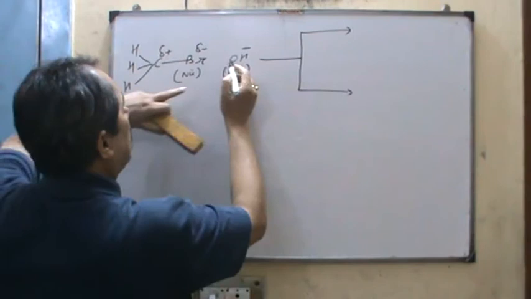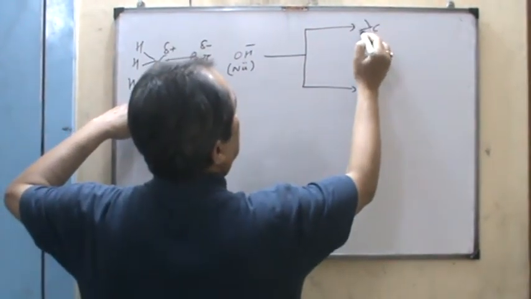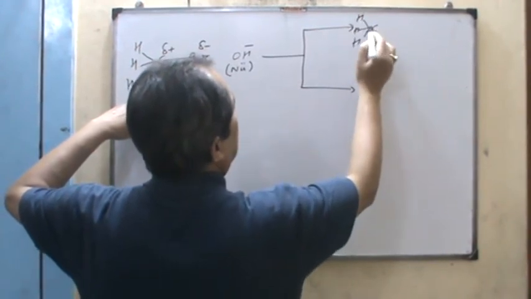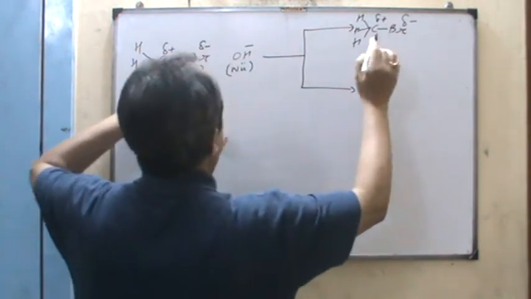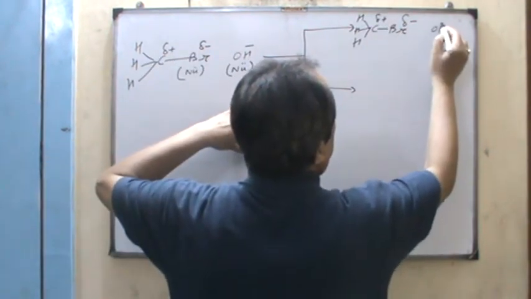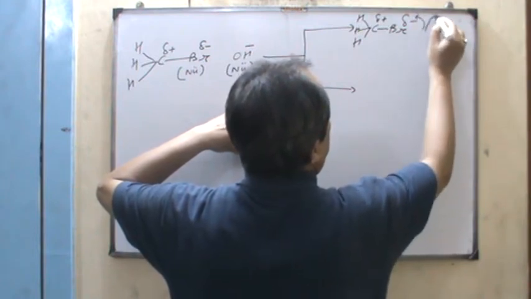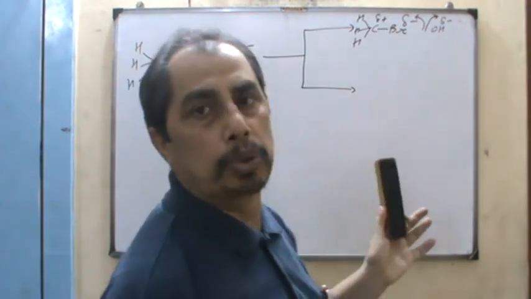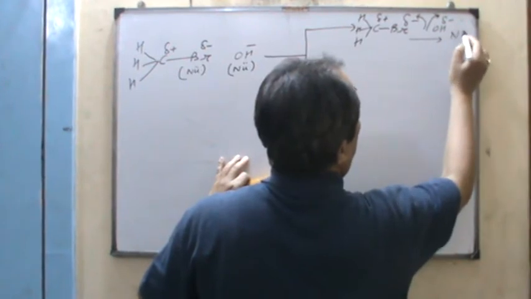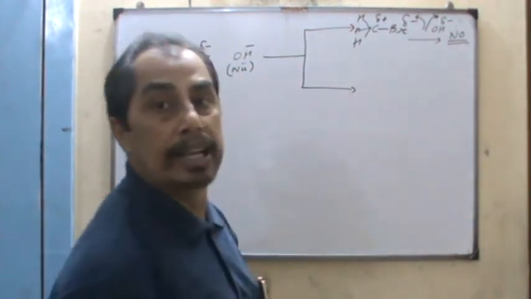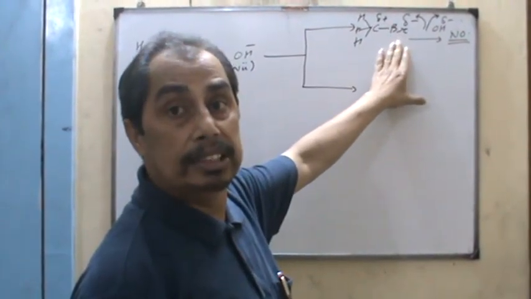In this way, bromine and this OH react together. CH3, C-Br, delta negative, delta positive, and whenever OH is near this side, this will repel to this side and this will repel to that side. Same charges repel each other. As such, here no reaction takes place, because the collision is not symmetrical, not perfect, it is unsymmetrical.